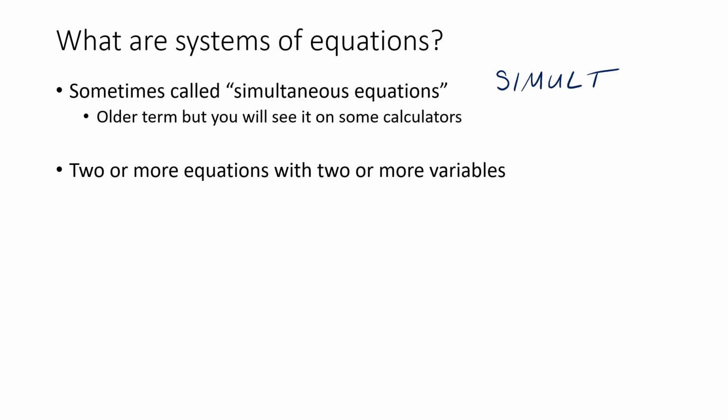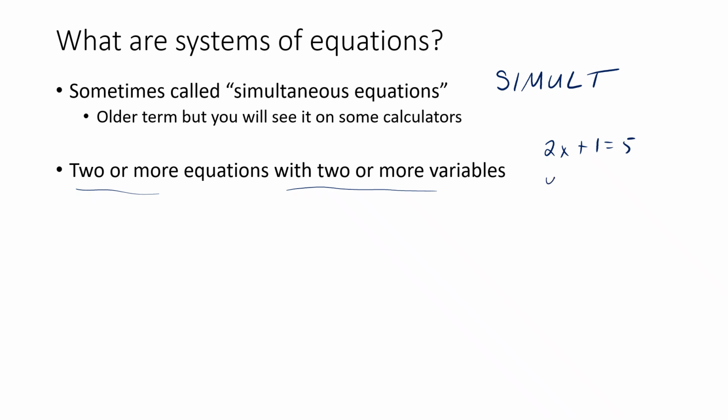Now, what a system of equations is, it's two or more equations with two or more variables or unknowns. So up until this point, we have been working with strictly one equation at a time. So maybe it's an equation like this, 2x plus 1 equals 5, and we are told to solve it. And there's one variable in it, in this case, an x, and you're solving for the x.